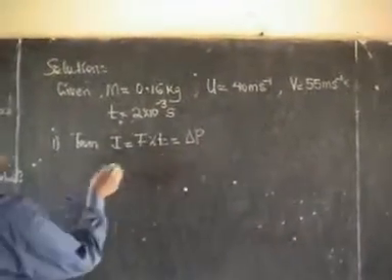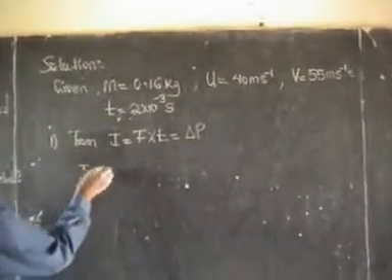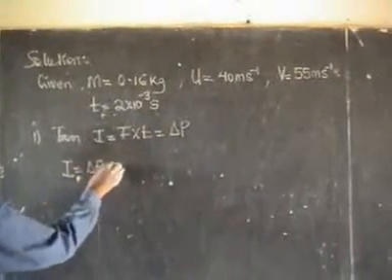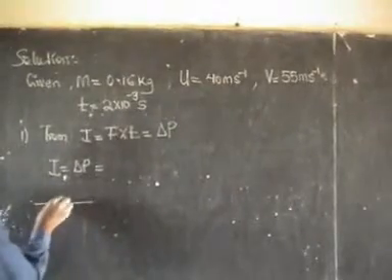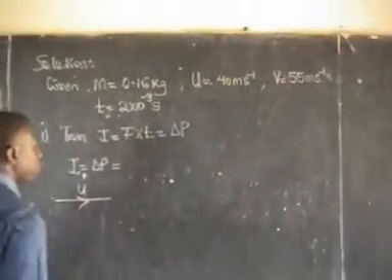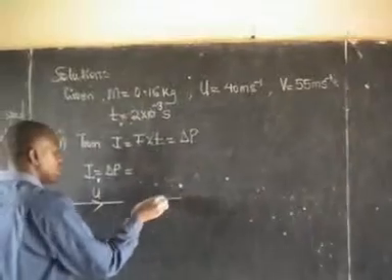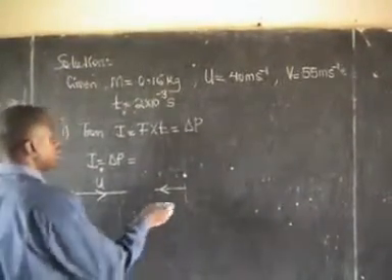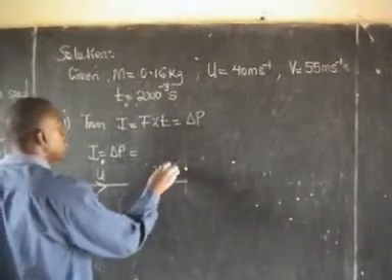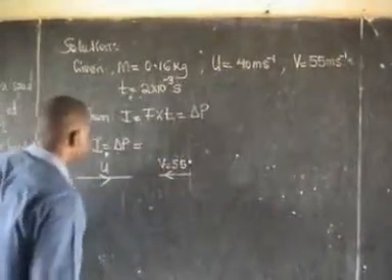In this case I'm going to use the change in momentum. Originally the ball was moving with speed u, and after reversing its direction it moves with velocity 55.